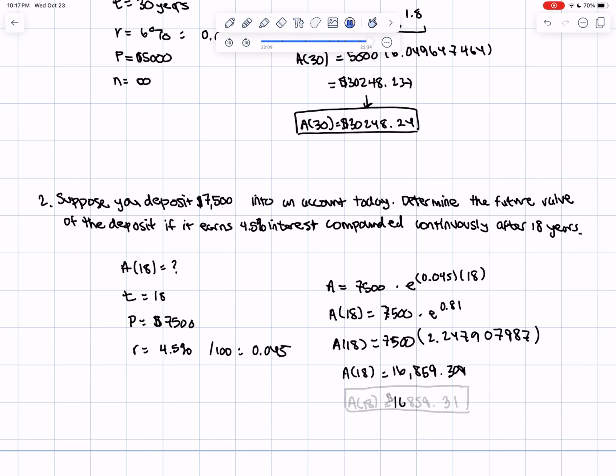I want to round that up, so 16,859.31. So A of 18 is 16,859.31. That is our answer. So that is how we solve for the future value of money.